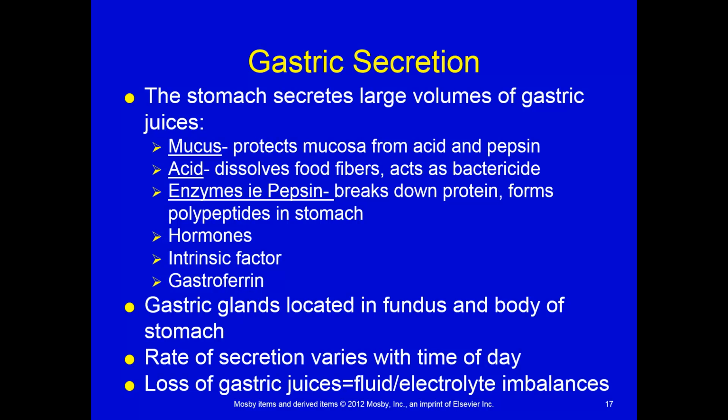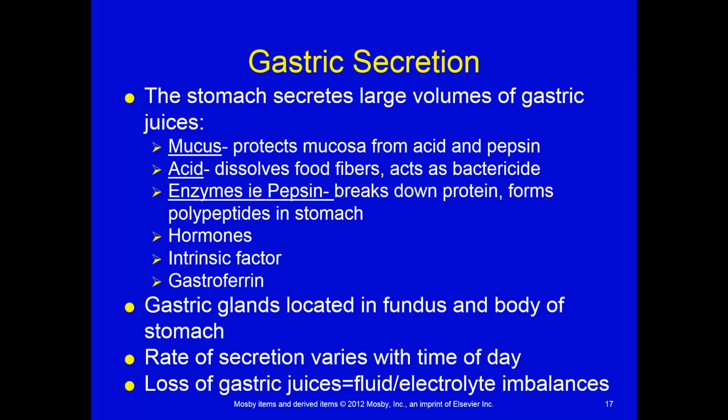Also very important are enzymes like pepsin. They break down protein. They form polypeptides in our stomach. There's also other things like hormones, intrinsic factors, etc., that are also present in our stomach. The problem, though, is that both enzymes and acid, because it's a high acidic, low pH environment, can be very, very harsh to the inner layer of the stomach.